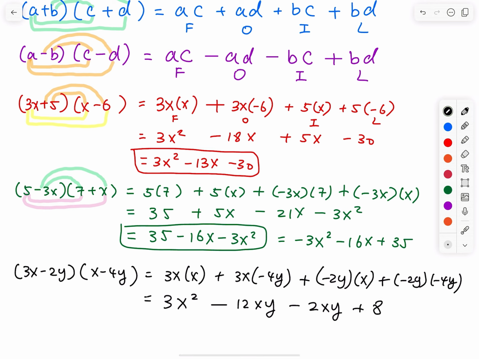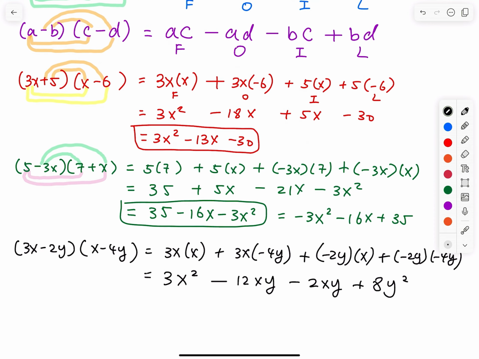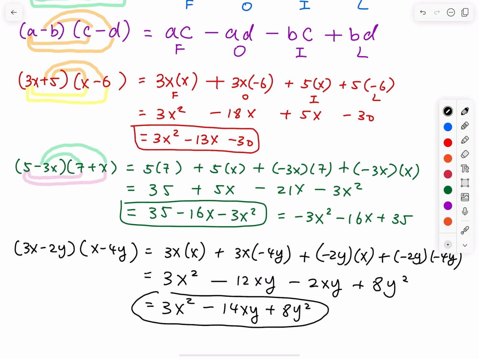And then plus 8y squared. Two like terms in the middle, negative 12 minus 2, so that will be 3x squared minus 14xy plus 8y squared. That one I will just leave as it is, and not do the descending order.